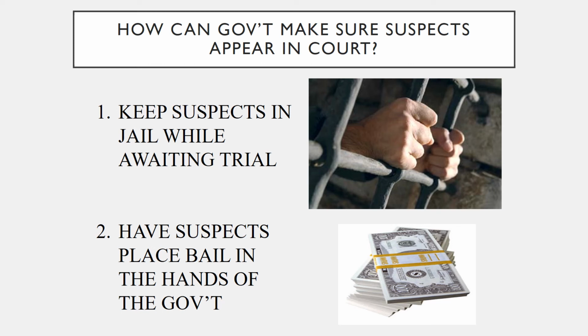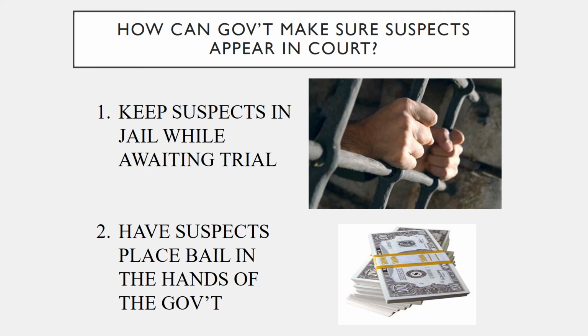If they post bail, if they come up with the money or their friends or family come up with the money, then they give the money to the government, is essentially what you're doing, whatever the bail amount is, and the person is out of jail temporarily until their court date. Now, when they show back up for their court date, they get that bail money back, at least to a degree. So therefore it's like collateral.